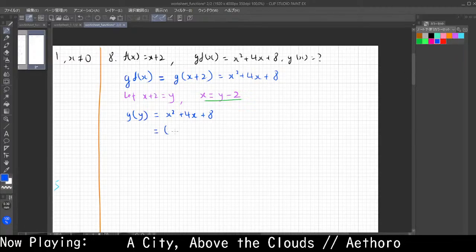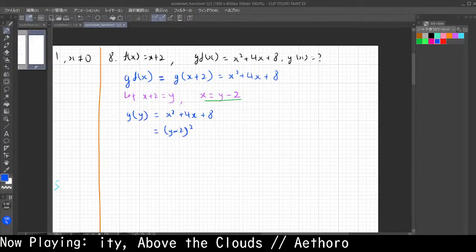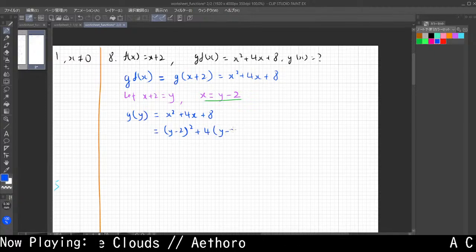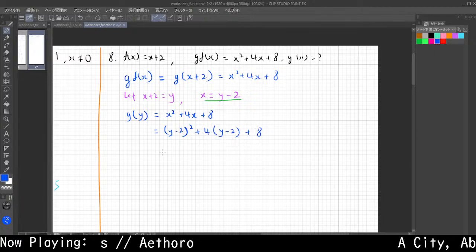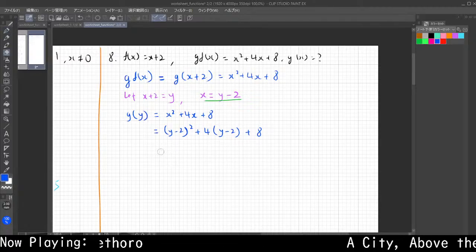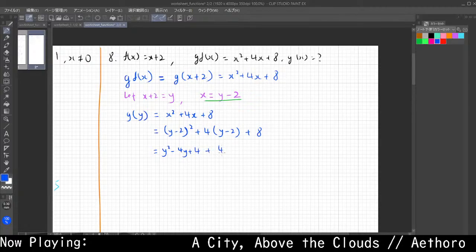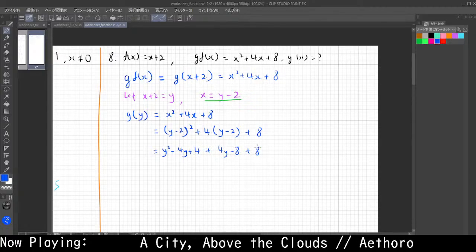We want to replace everything with y. Therefore, I will write (y minus 2) squared plus 4 times (y minus 2) plus 8. This is equal to, expanding, y squared minus 4y plus 4 plus 4y minus 8 plus 8.